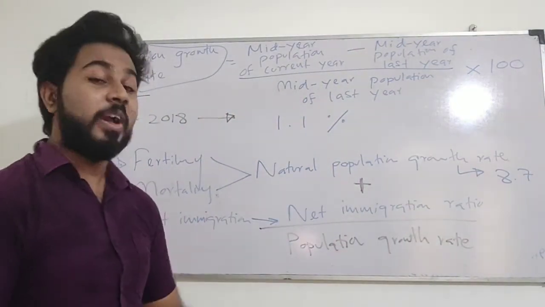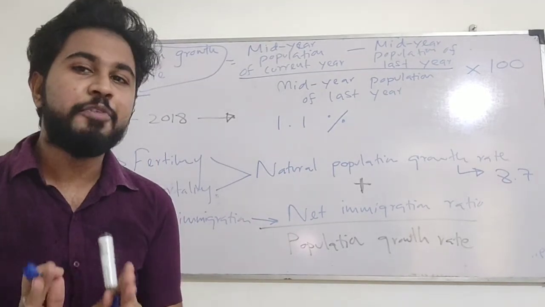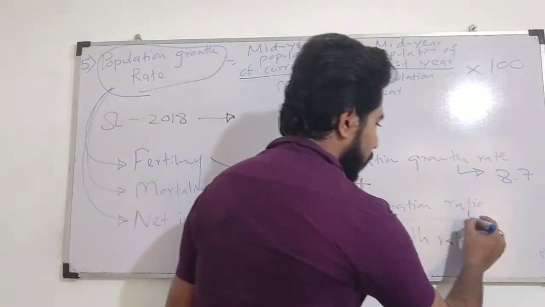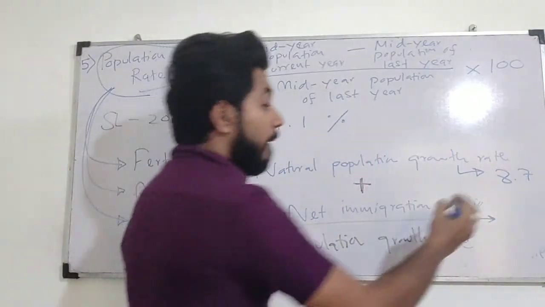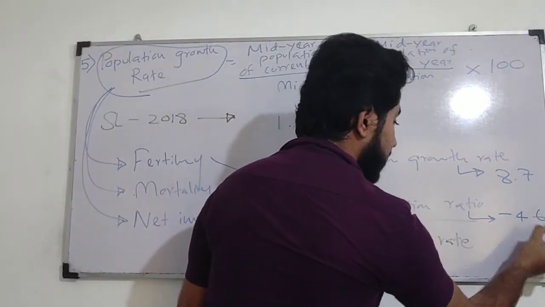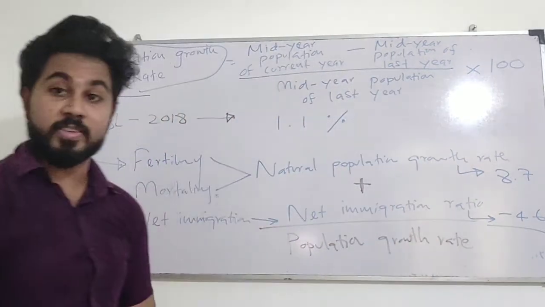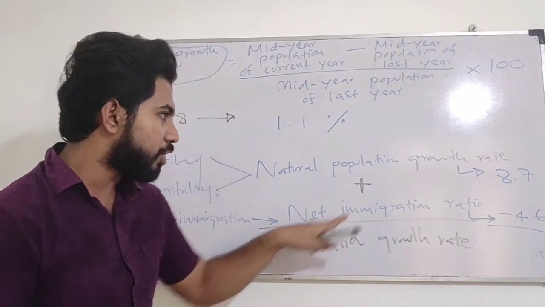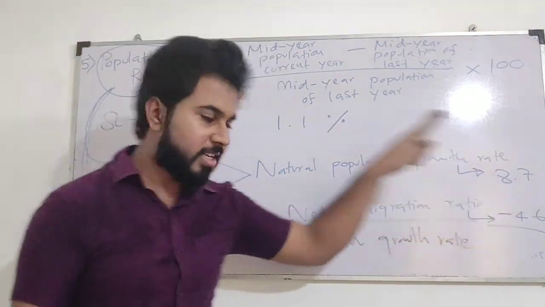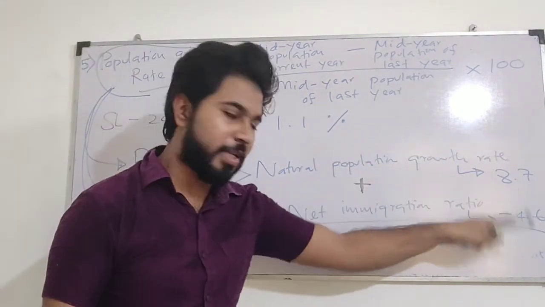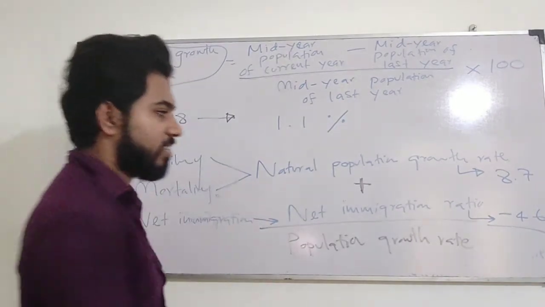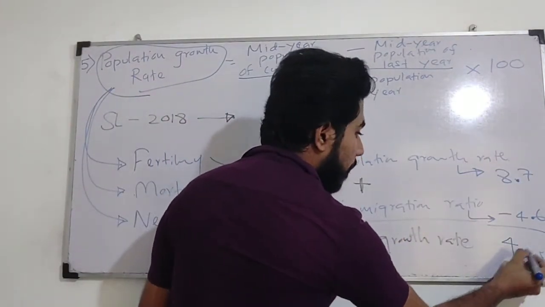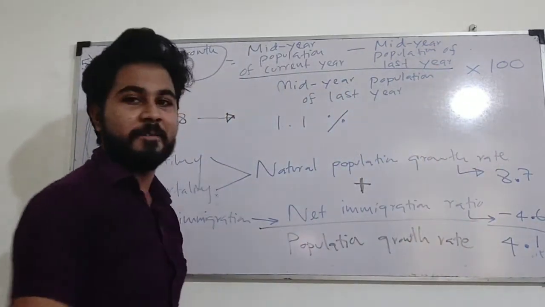No, it is 8.7 per every 1,000 persons in the country. And net immigration ratio was minus 4.6. We experienced that value. Now, natural population growth rate 8.7 plus net immigration ratio minus 4.6, so the answer is plus 4.1.